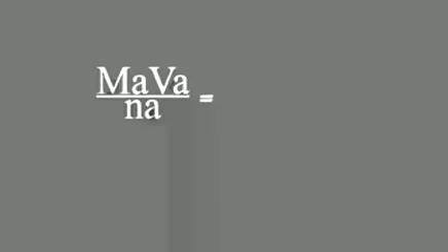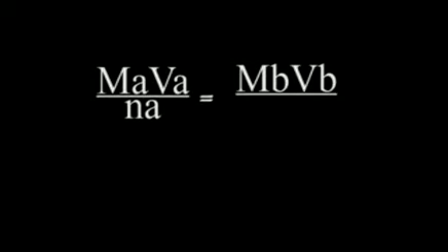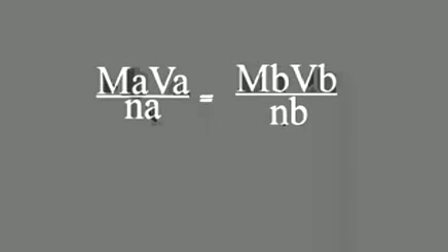From the formula, molarity of acid times volume of acid divided by number of moles of acid is equal to the molarity of base times volume of base divided by number of moles of base. From there, we make the molarity of acid the subject.